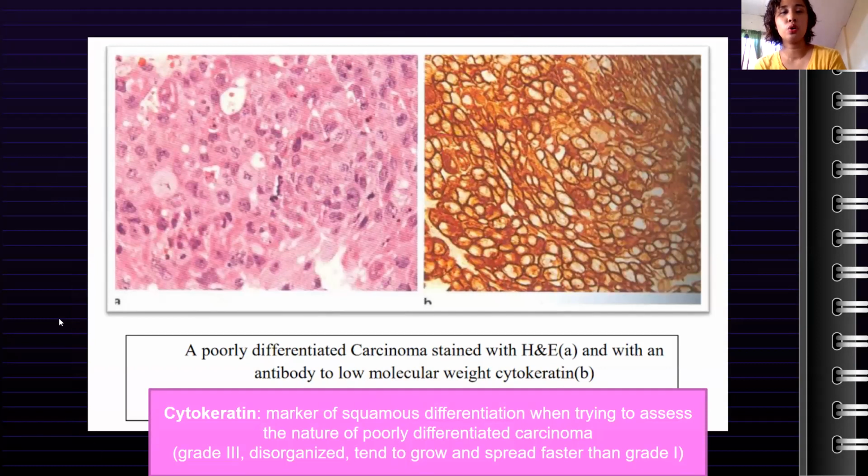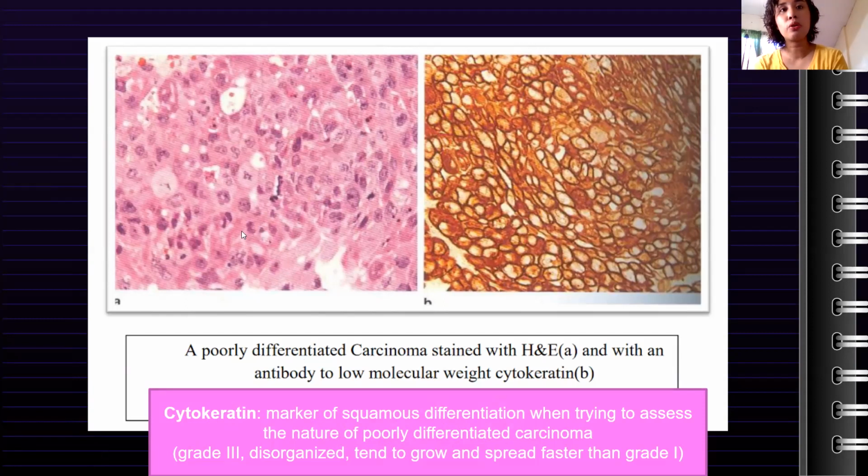For poorly differentiated cancers, cytokeratin is good to use, especially if these are epithelial cells. After staining it with immunohistochemistry specific to low molecular weight cytokeratin, we get a marker of squamous differentiation.